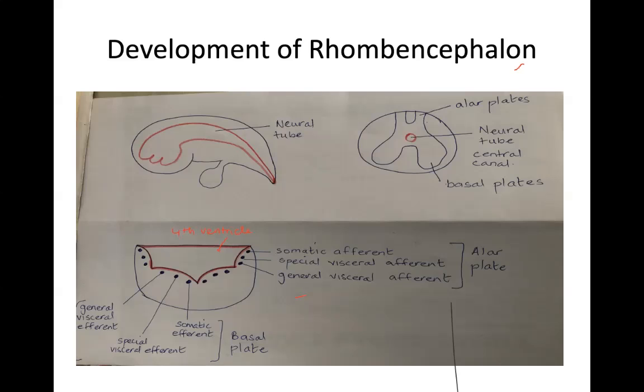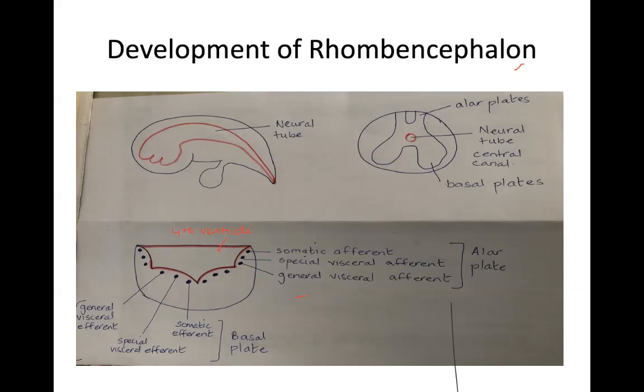So the alar plate, because it is concerned with the sensory component and sensory input, we will have from without inwards, from external to internal, if you look at the three groups of the alar plate on each side. I've just labeled one side. We are now talking about the hindbrain and we are talking about the medulla oblongata.